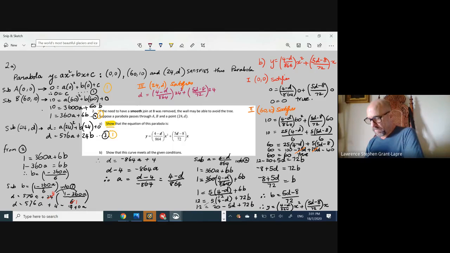Okay, 24 squared is 576. 576 over 864 simplifies to 2/3. So D equals 2/3 times 4 minus D plus 5D minus 8, and 24 over 72 is 1/3.